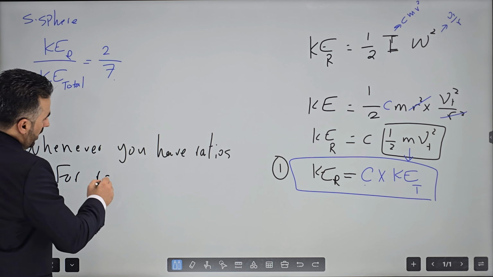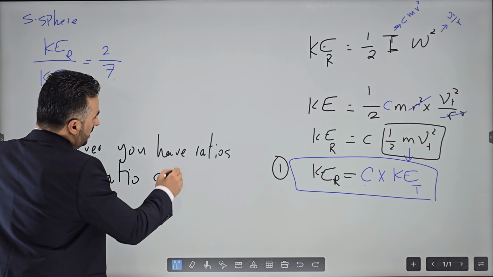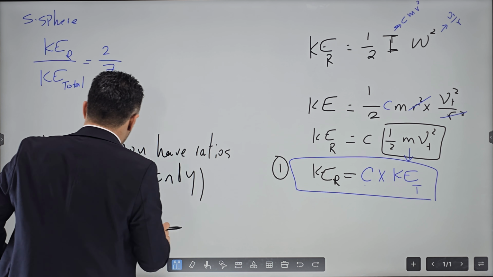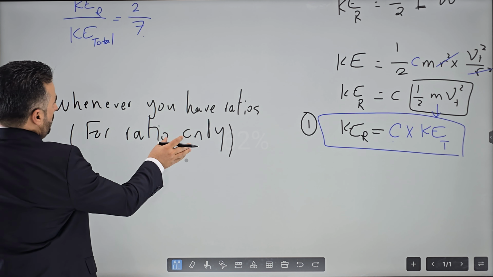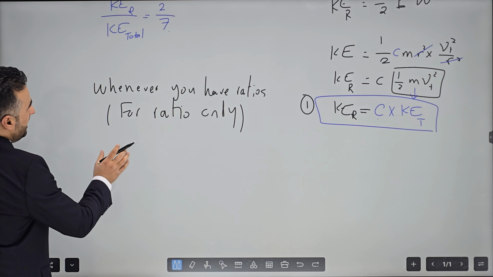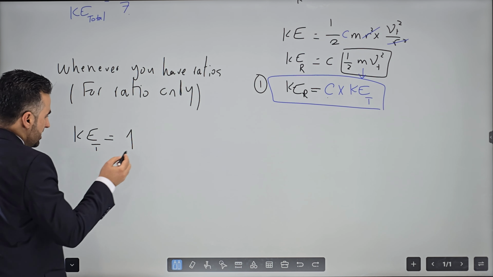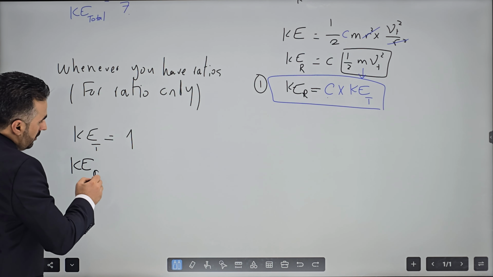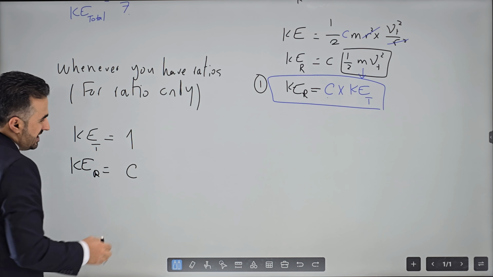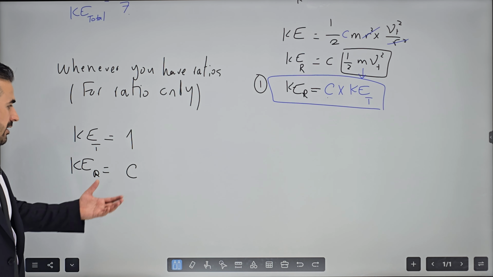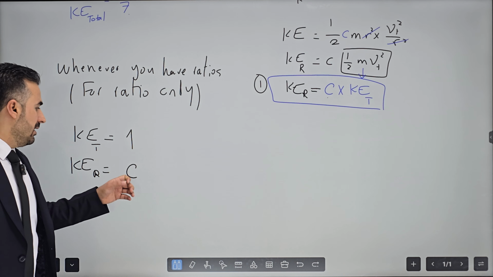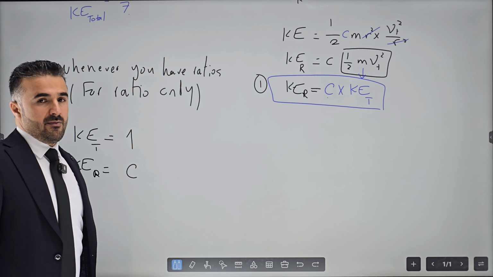Don't forget, if it is not a ratio, it might not work. So anytime you have translational kinetic energy, you can write 1 instead. And anytime you needed rotational kinetic energy, you can just write c instead. And you know what is c? That is the shape, or you can say the factor for the shape for the moment of inertia.